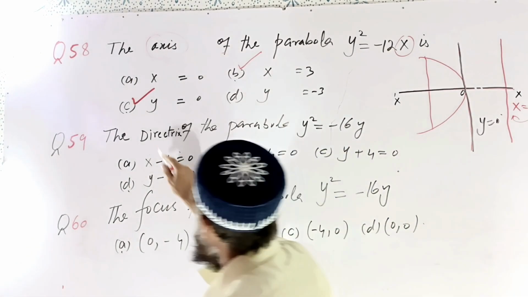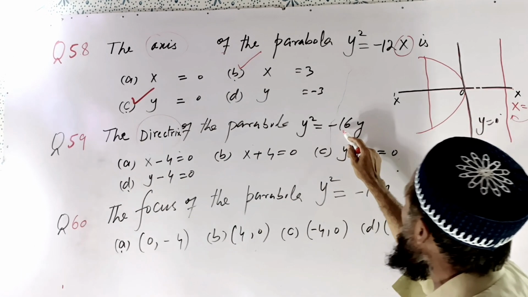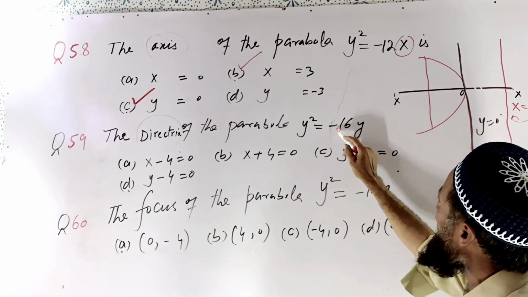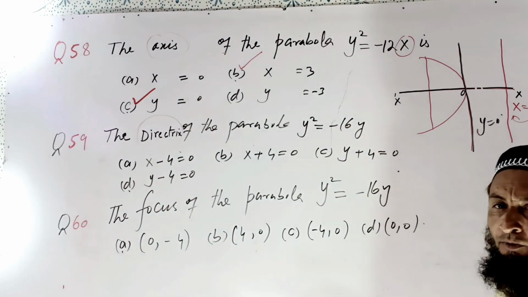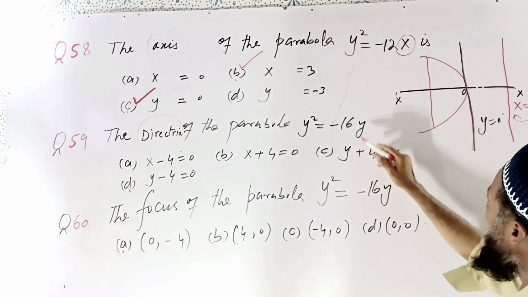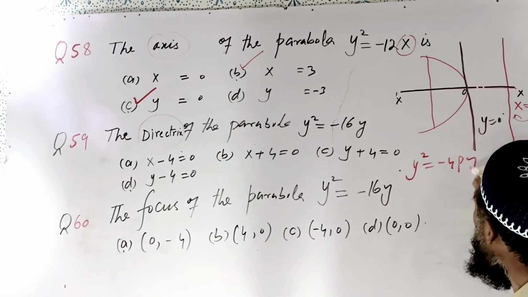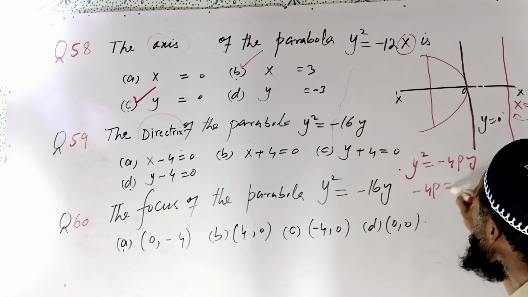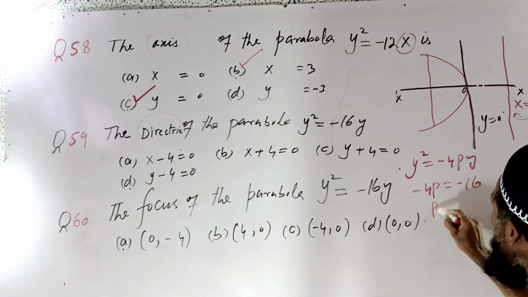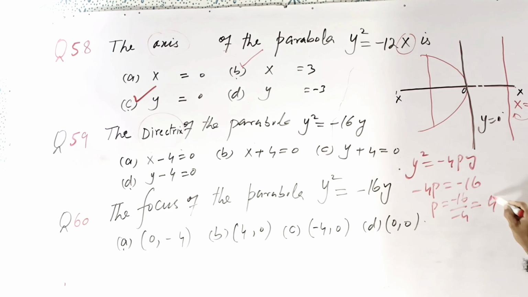Now the same type of question, the directrix of the parabola. Here y square is equal to minus 16x. The parabola is again on the left side. We compare with the standard form y square is equal to minus 4px. Here minus 4p is equal to minus 16, and p is equal to minus 16 divided by minus 4, which is plus 4.